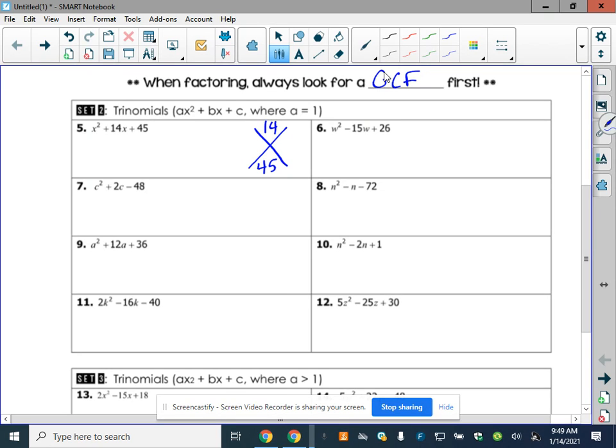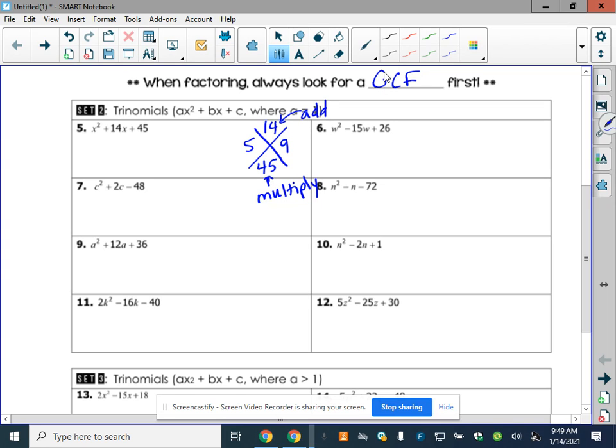And I'm looking for factors that multiply to 45 and add to 14. So if I think about the factors of 45, 1 and 45, that won't give me 14. 5 and 9 will.